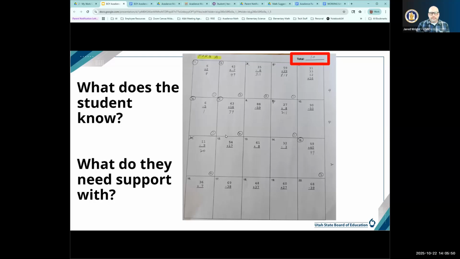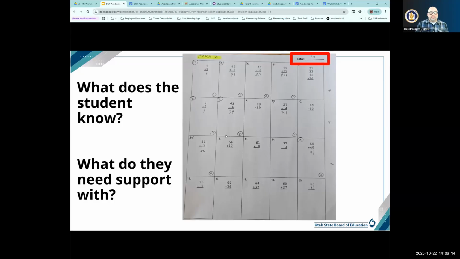So if I give this worksheet to a student, there's multiple questions and multiple skills that are on this one worksheet. There's some addition, there's subtraction, maybe multiplication or division. There's also different levels as far as the number of digits that are in a number that their students are being asked about.